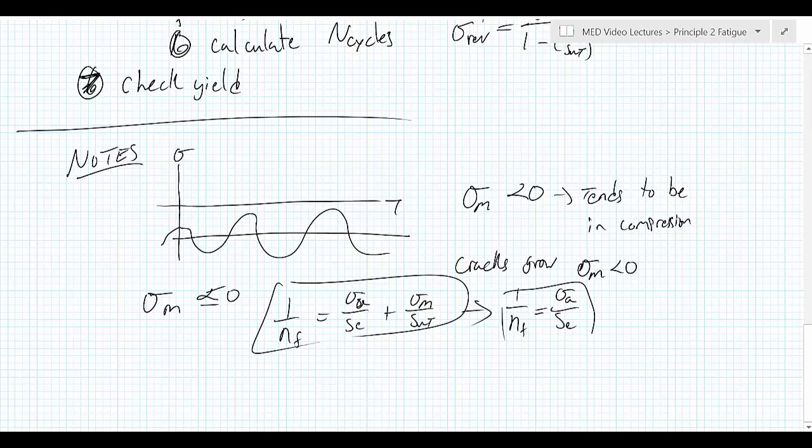And you'll notice this looks exactly like the fully reversed case, because in fact it is. So that means we're just considering the amplitude portion. That's how much it fluctuates, which is going to be what causes that crack to grow. So anytime you're working with a part that's primarily under compression, ignore the mean contribution to the fatigue failure equation.